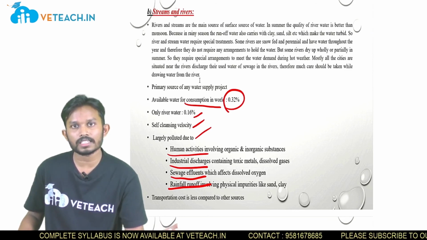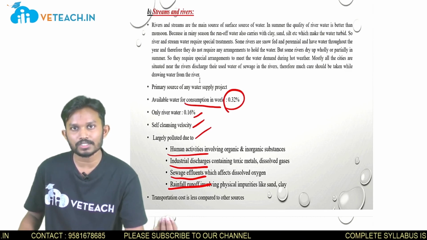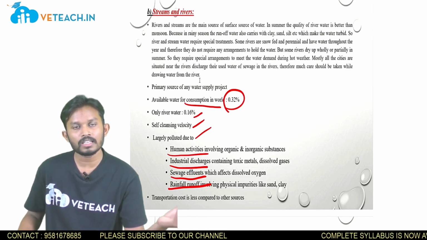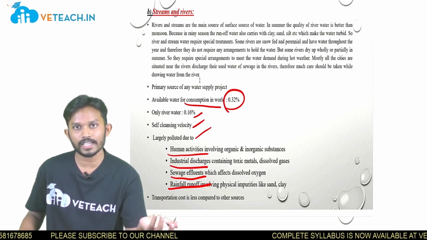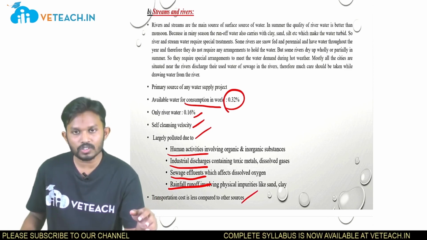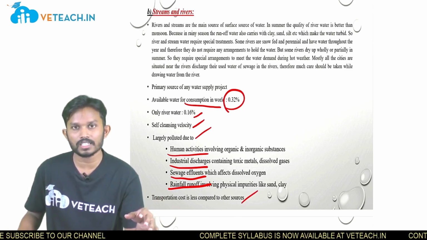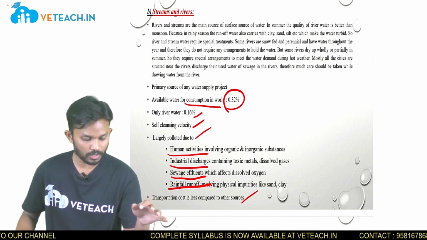As water is a universal solvent, it can dissolve impurities present in the soil, and through the runoff these impurities can enter receiving bodies like lakes or ponds, and streams as well. The transportation cost involved in these sources is very low, as they transport the water on their own. There is no transportation cost involved.